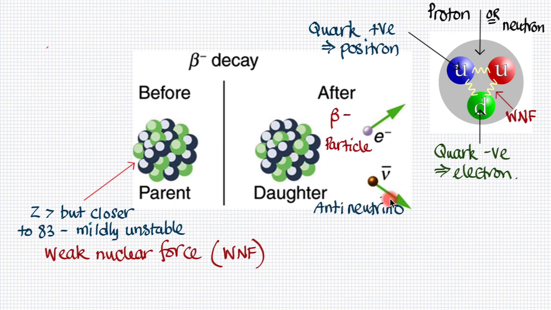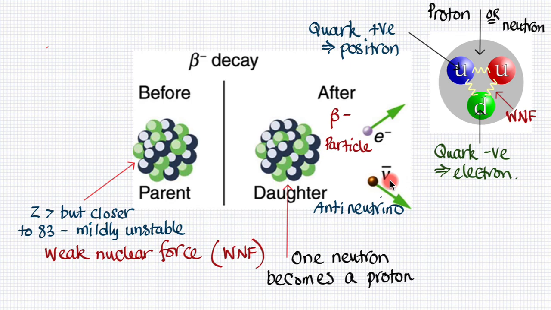And another particle is released again. We're not going to focus on this at the moment. We'll come back to that in Year 12. This is called an antineutrino. So we say that one neutron becomes a proton. Why? Because it loses a negative quark or an electron.